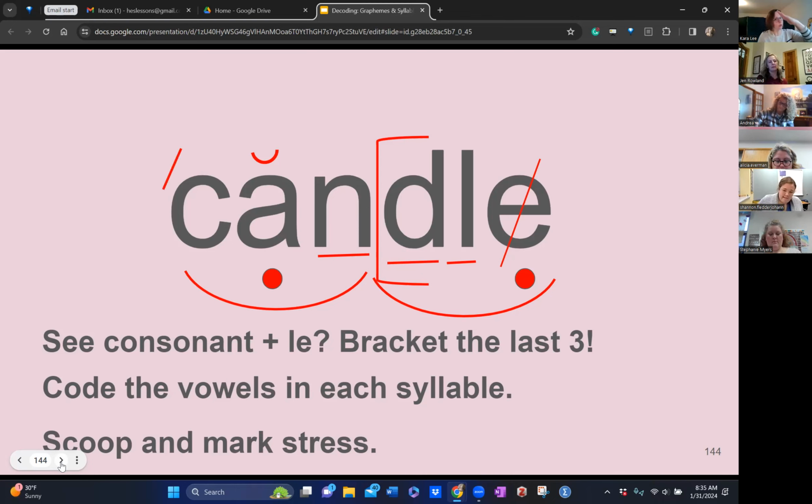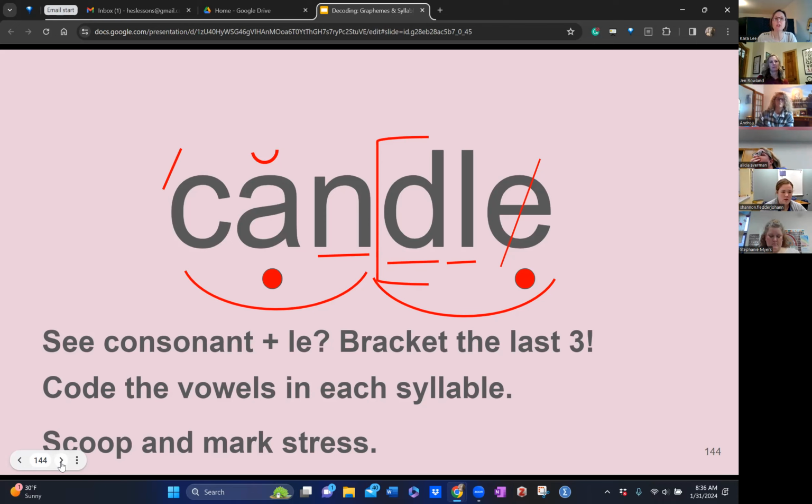So here's another new learning for my student here, if I haven't talked about this before, is to code and mark that stress syllable. Now, in consonant LE words, that is going to be the stress syllable, the one that comes before the consonant LE. I still want you to go through the process of making that mark.